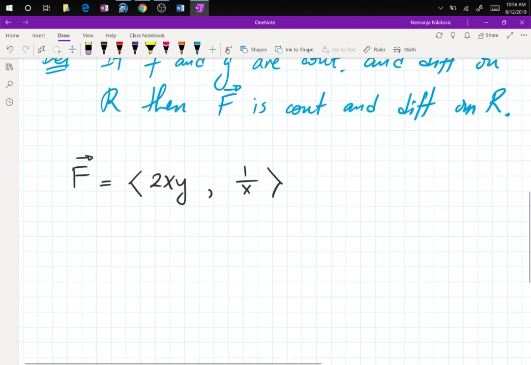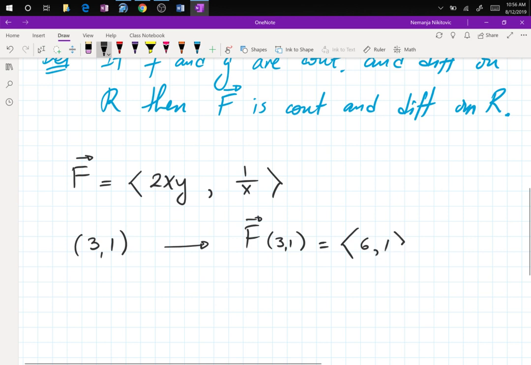But let's say you pick a point 3, 1. Then that would create a vector at 3, 1, which is, you simply plug in 3 and 1, and you get 6, 1 as a vector.